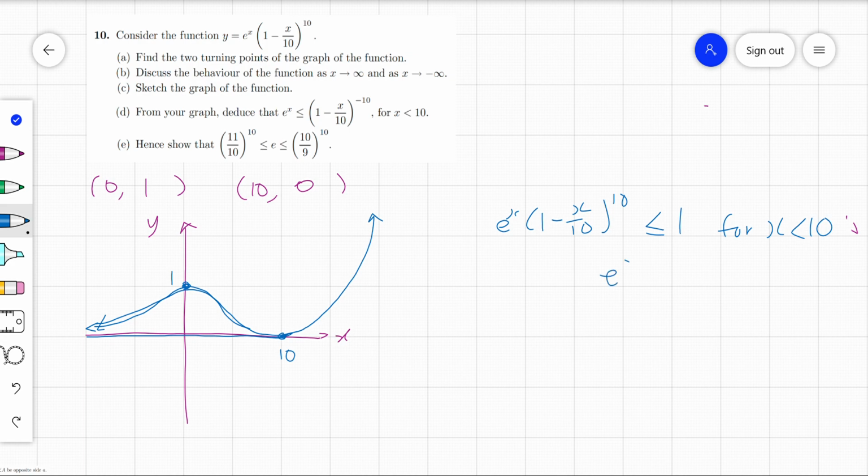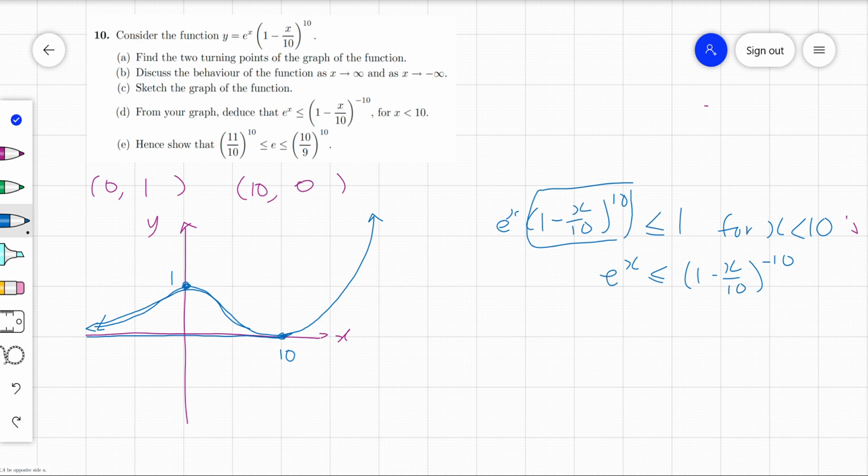We've got e to the x, and we can divide by this here. When we divide, it becomes 1 on whatever to the power of 10, so the same as to the power of negative 10. But how can we divide that? Are we allowed to divide? How can we divide that and keep the inequality as a less than or equal to, not changing it?